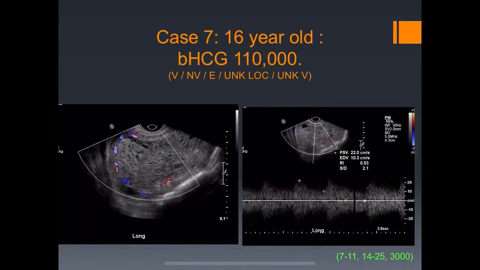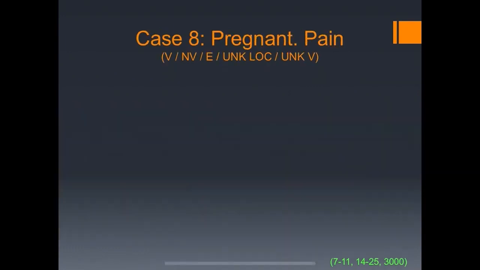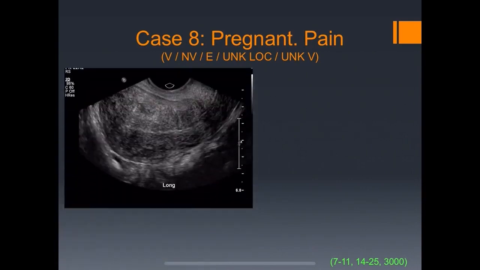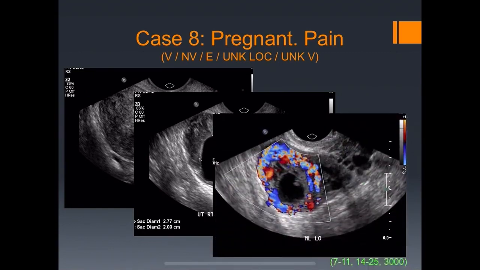Sagittal view. Waveform. Another sagittal view. And here's case number 8, pregnant with pain. So this is midline through the sagittal view through the uterus. And this is slightly oblique through the cornua. It's color.